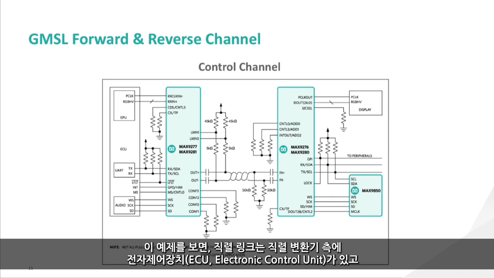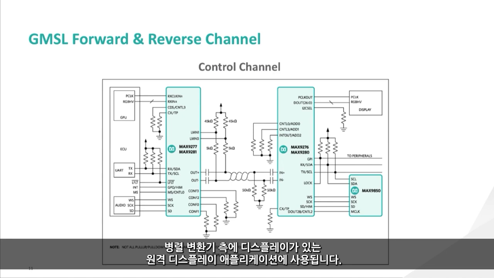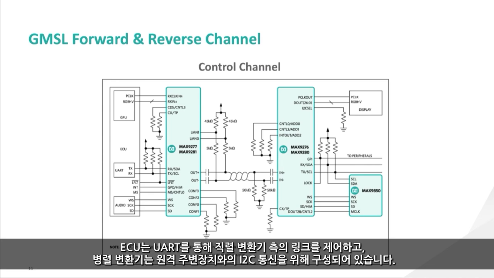In the example shown, the serial link is used in a remote display application with the electronic control unit, or ECU, on the serializer side and a display on the deserializer side. The ECU controls the link from the serializer side via UART, while the deserializer is configured for I2C communication to remote peripherals.